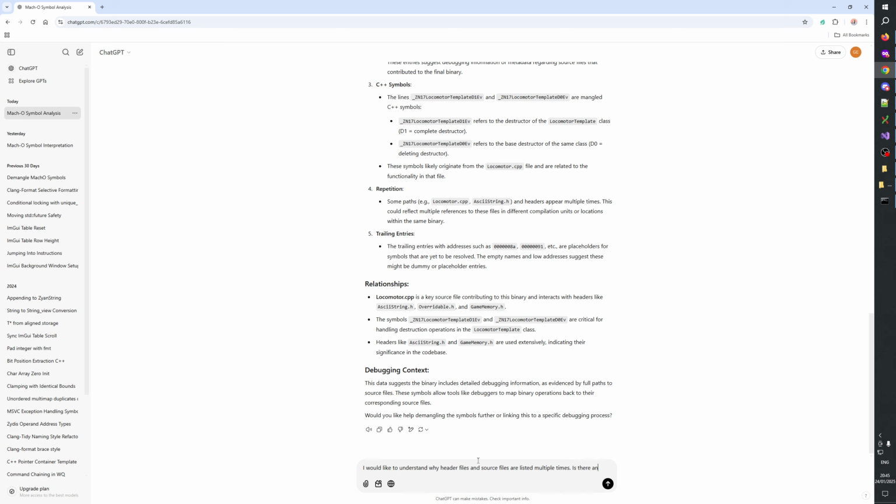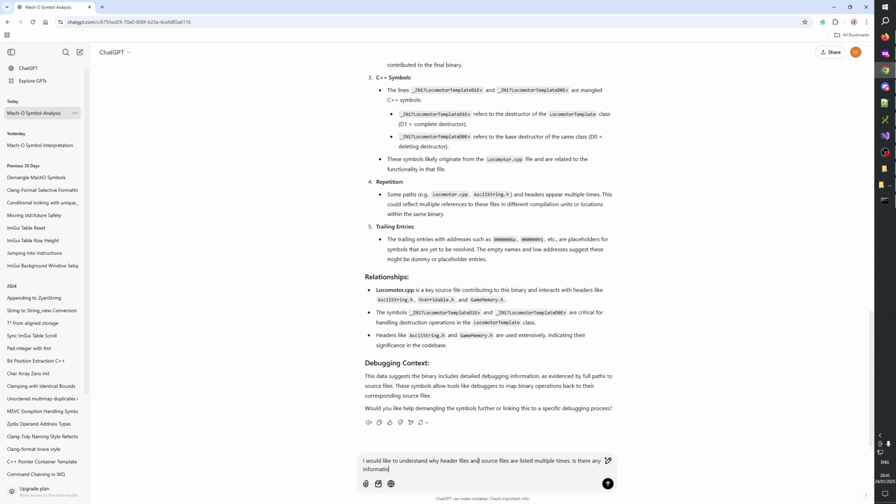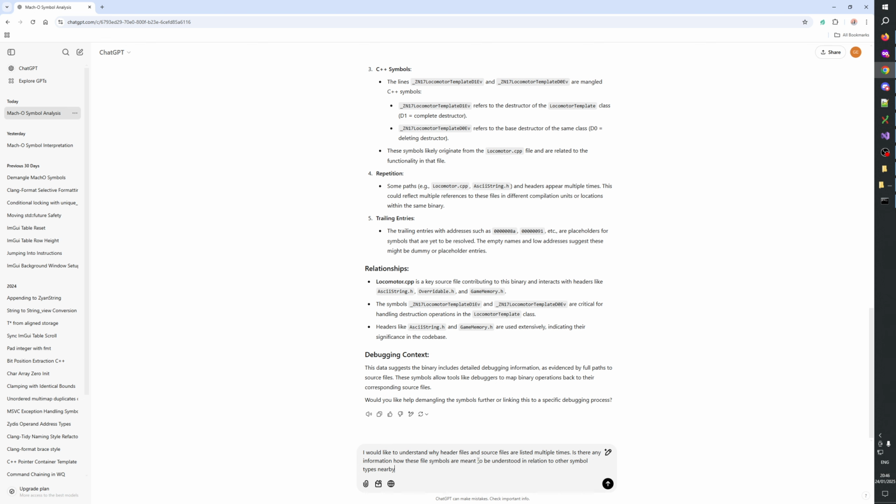Is there any information how these file symbols are meant to be understood? In relation, meant to be understood in relation to other symbols, other symbol types nearby.